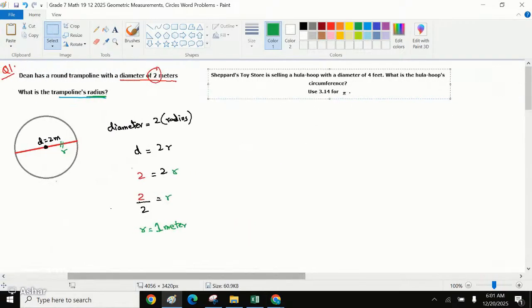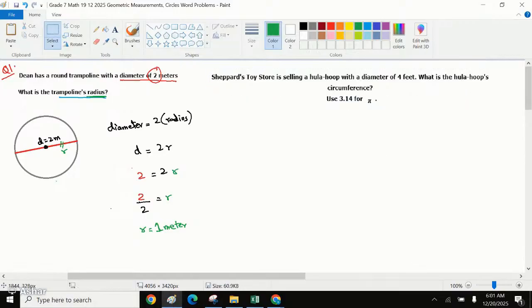In question number 2, the value of pi is given to be 3.14. We need to find the circumference.